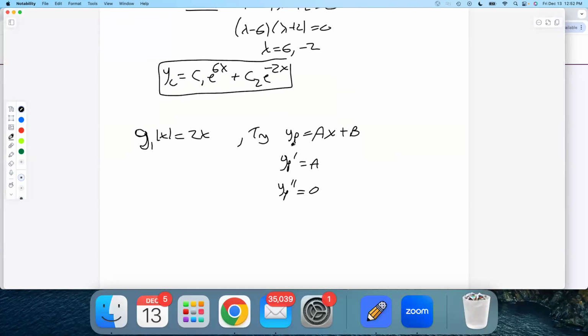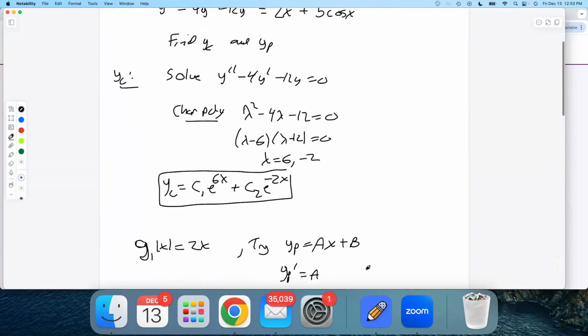I'm sorry. All right, now we plug all that back in. We want the left-hand side just equal to that G1. So what was that? y double prime minus 4y prime minus 12y just equals 2x.